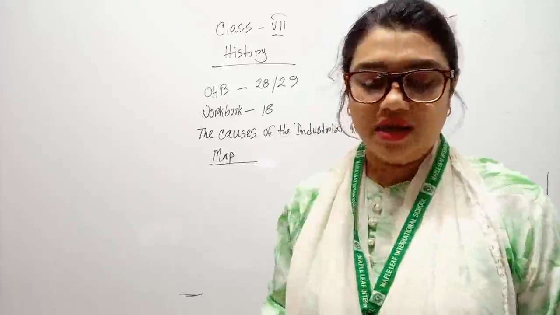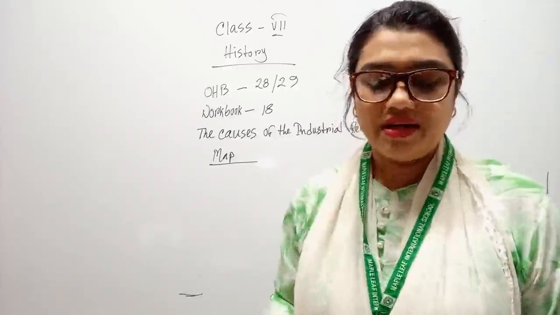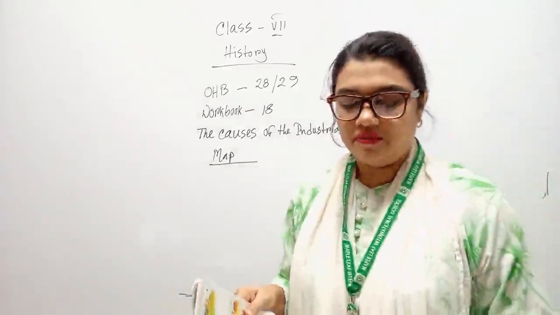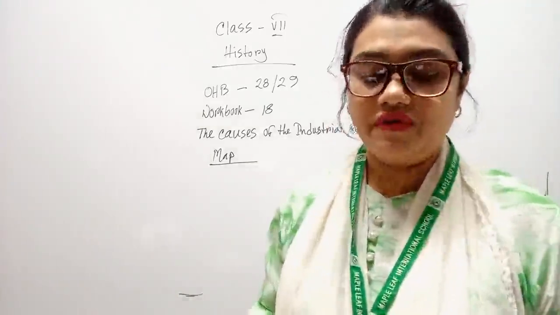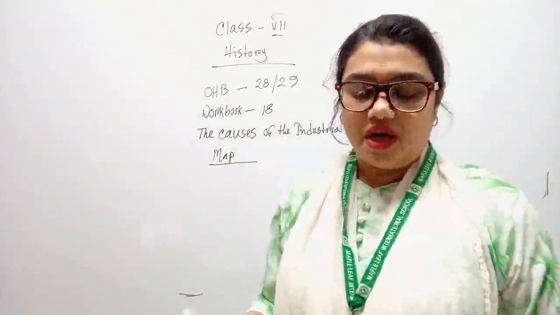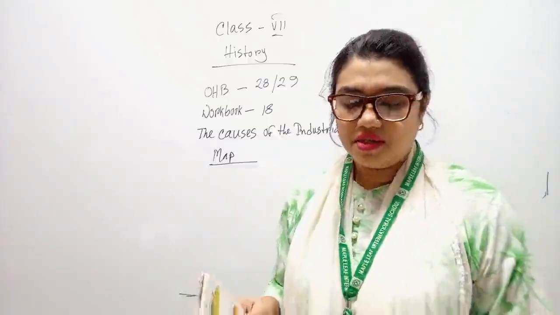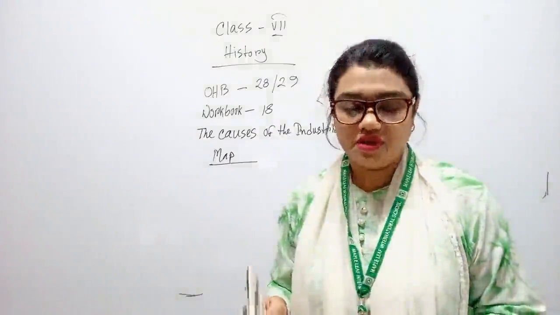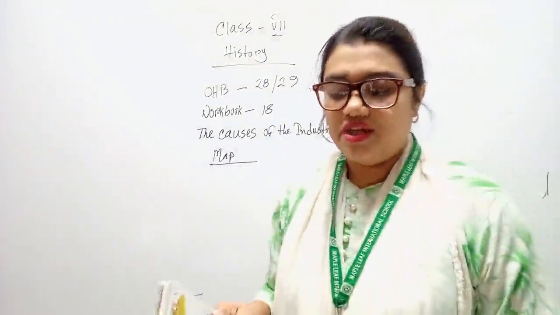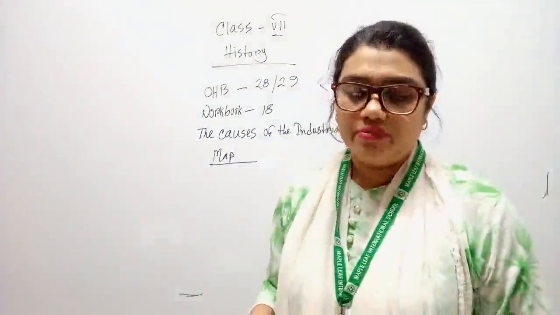Here we can see why the Industrial Revolution took place from 1750 to 1850. The three main reasons were colonies, increased trade and wealth, and growing populations.